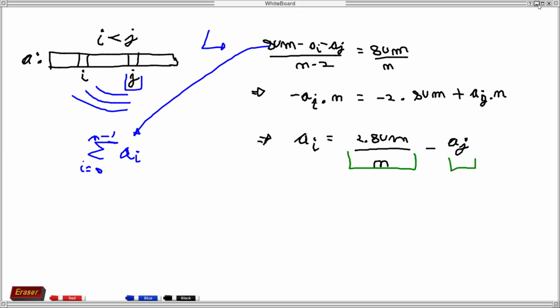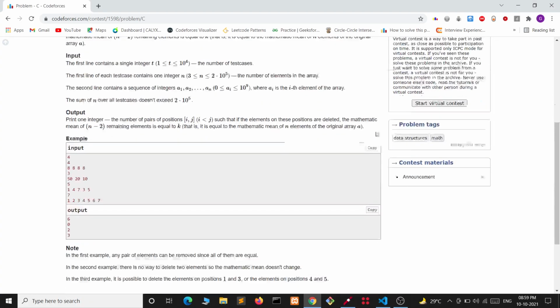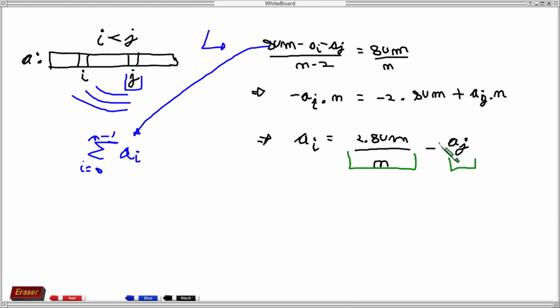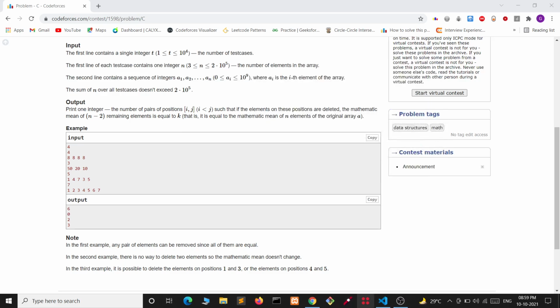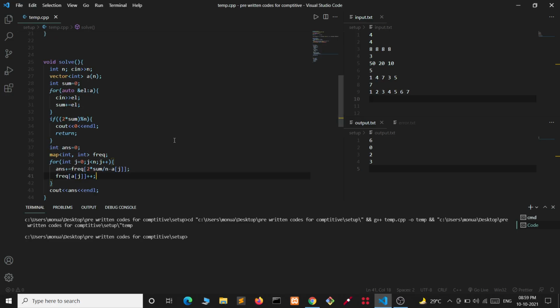So now let's try to solve it. Let's see the coding part. Firstly, we take the number of elements of the array. Then we initialize the total sum of the elements of the array as 0.